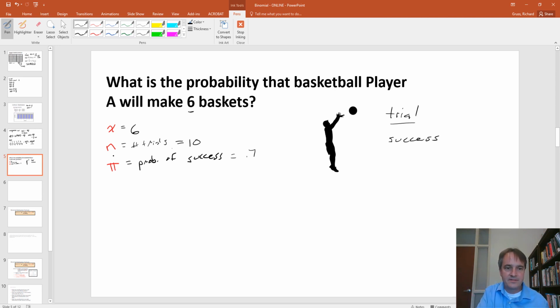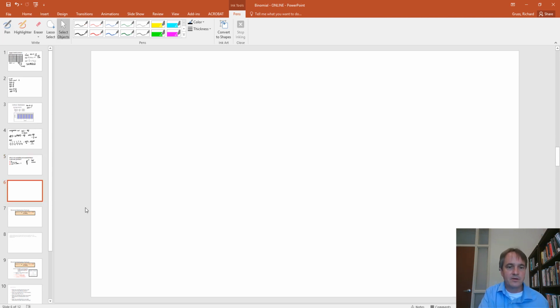So we've got these 3 pieces of information. Before we go and look at a formula, let's just think about how we might go about solving this. So I'm going to give myself a little more room here.